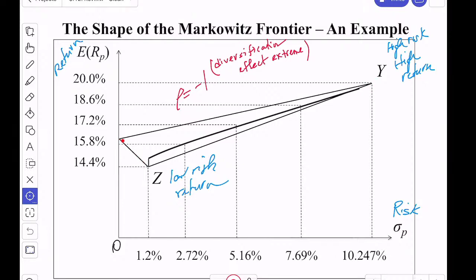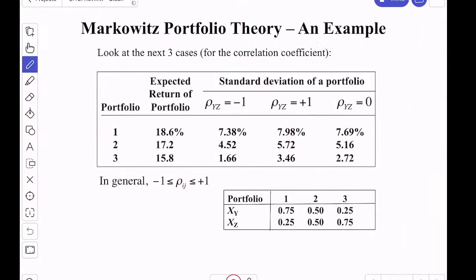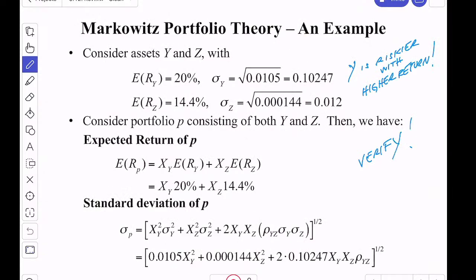It continues to go up with adding risk. So these are all the different combinations of more of Y in the portfolio, less of Z, more of Y. And this is 100% Y. It just becomes Y. And this one is 100% Z. So what I've done is this formula here.